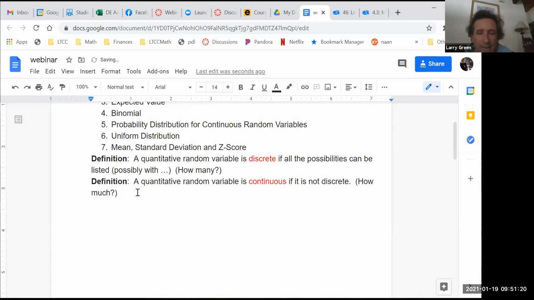So when you have a discrete distribution, what that means is you can list all the items. So for a discrete distribution, we can write out a probability distribution table.